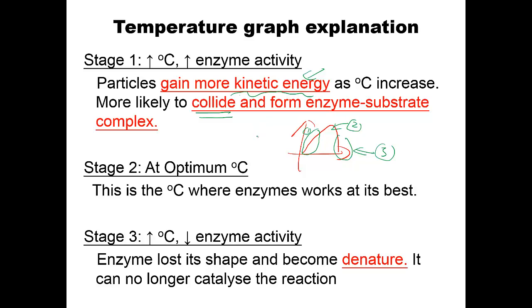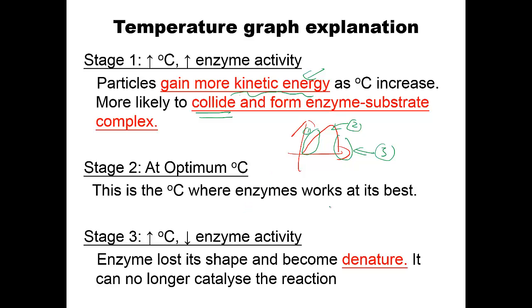They have to randomly meet each other so that the enzyme can help the substrate to do the reactions. And the second stage, which is at the optimum temperature, well, actually there's not much explanation here. There's actually just a point which is the best for that kind of enzyme. This is quite natural.